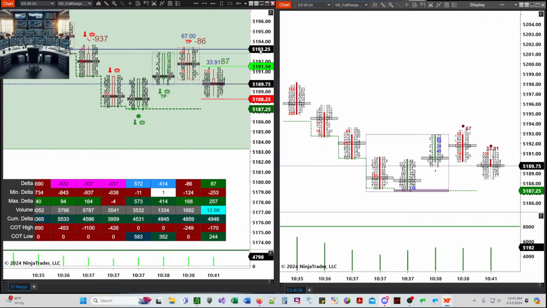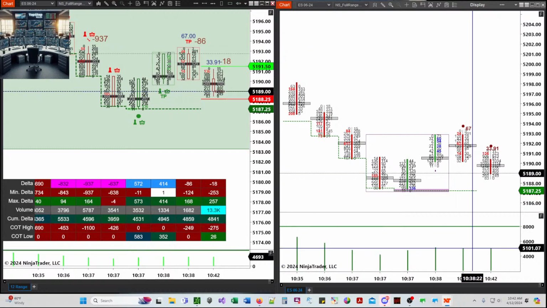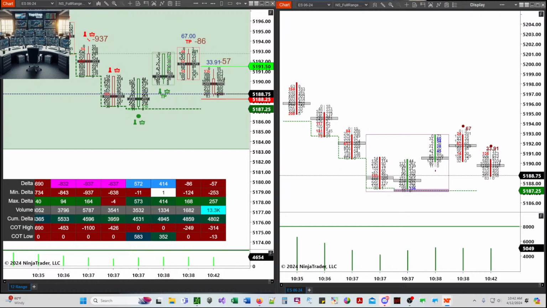Momentum is definitely going to the negative side, I see on my PJS profile bars. CUM is going up.